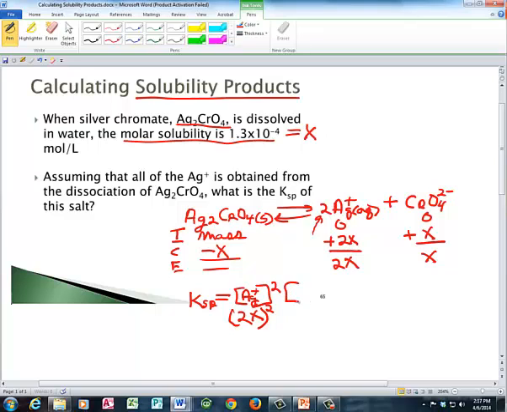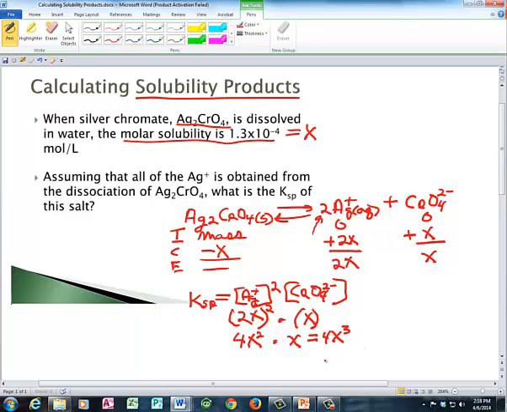Then we also have chromate ion, CrO4 2-, and its coefficient is 1, so we only have the 1X, chromate to the first power. Since we've got 2X squared, that's going to be 4X squared. We square the 2 along with the X, times 1 additional X for the chromate, and so that becomes 4X squared times X, which is equal to 4X cubed.